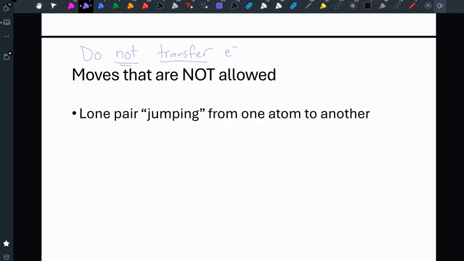So, a mistake that someone might make, if we go back to this original example with the bromide ion and this carbocation, sometimes people will see this arrow and think, oh, those electrons are jumping from bromine to carbon.